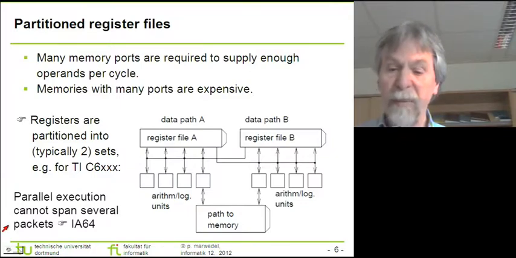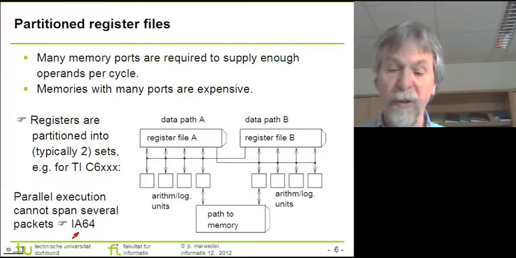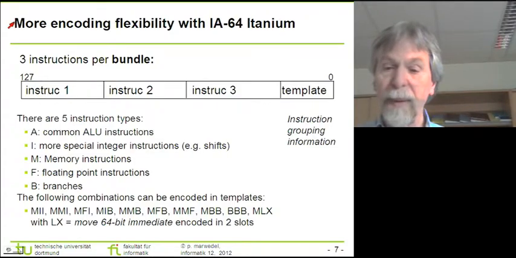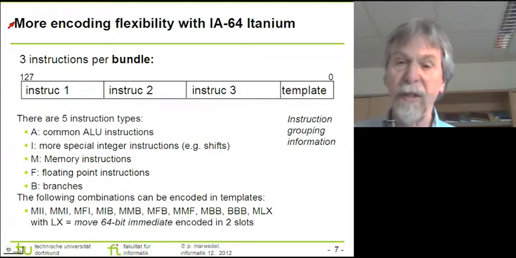So therefore, I'm giving up on that restriction as well, and I'm demonstrating that for the IA64 architecture, which is removing that restriction. That IA64 architecture was designed by Intel in cooperation with a number of research institutes.